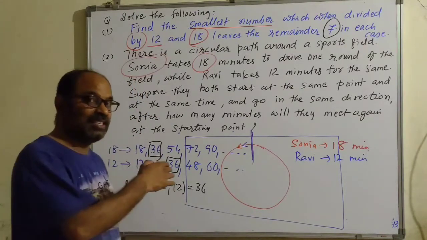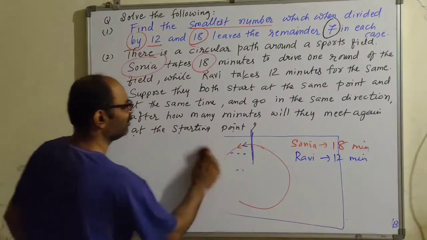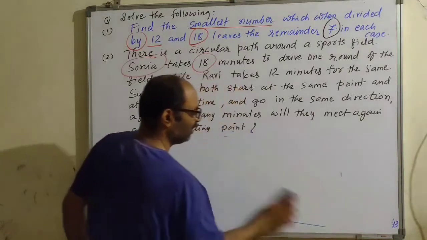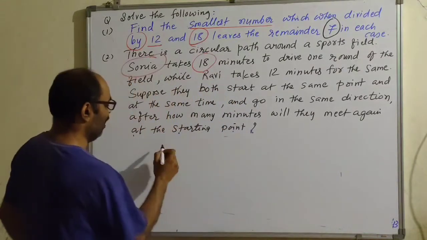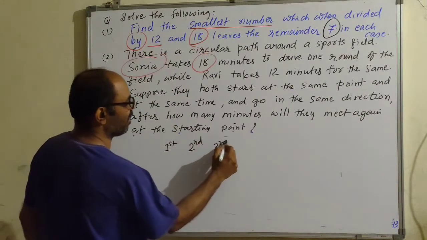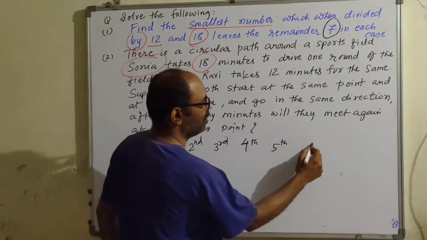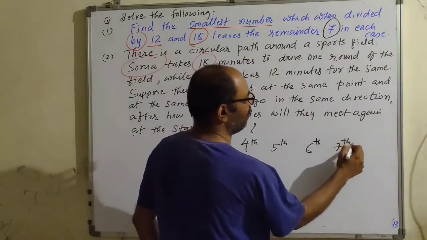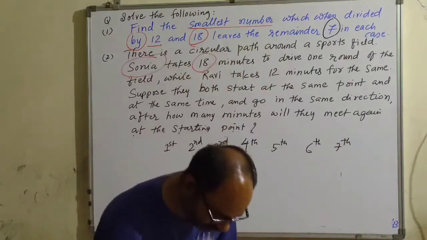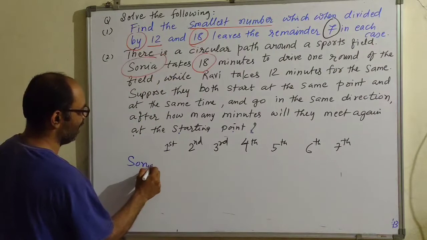Well, look at this concept differently. First round, second round, third round, fourth round, fifth round, sixth round, seventh round, and more. If they continue to drive, first is Sonia.